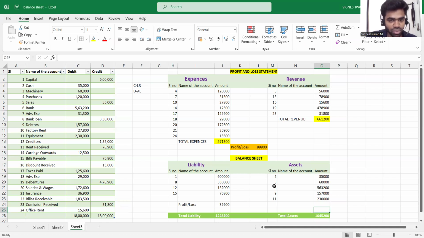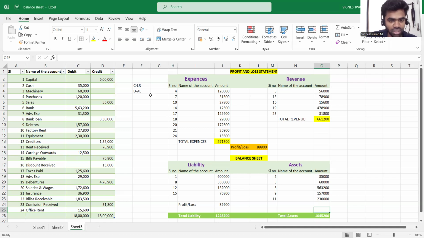First one, second one cash is an asset, third one will come here, four is an expense, fifth one revenue, sixth one sales, bank is an asset, seven will go there, eight bank loan is a liability, nine debtors are an asset.